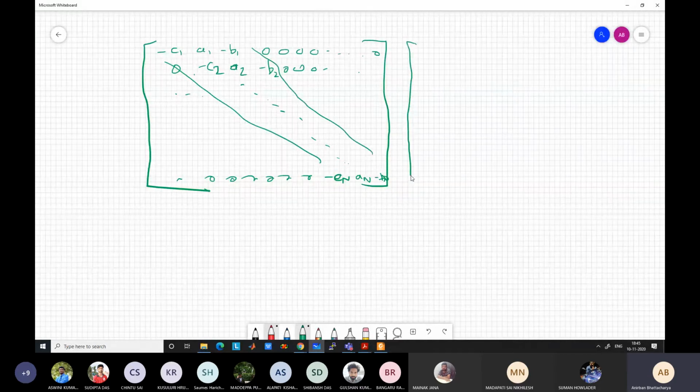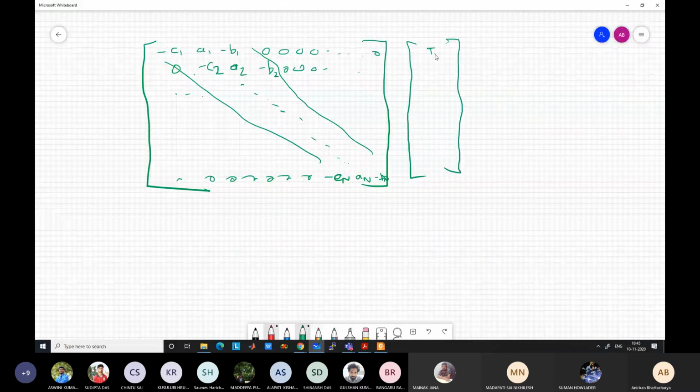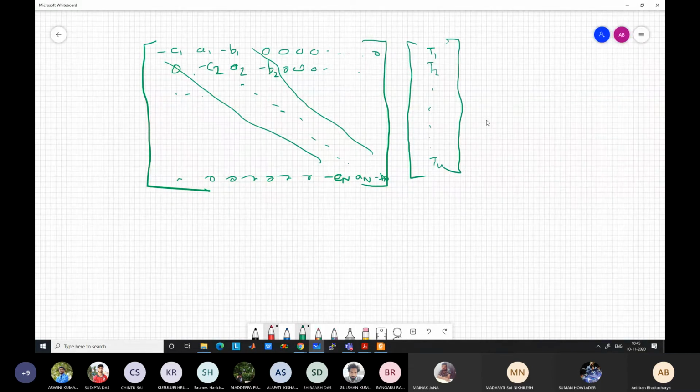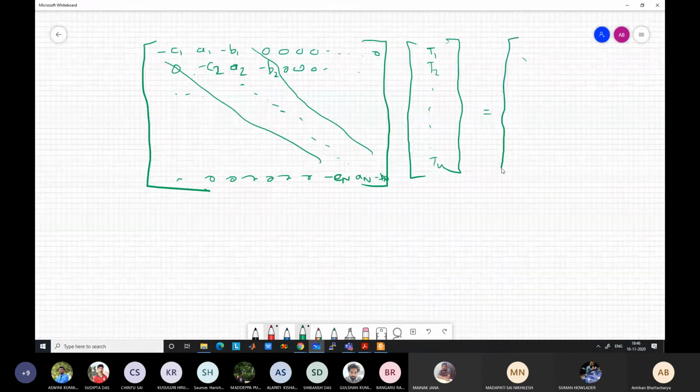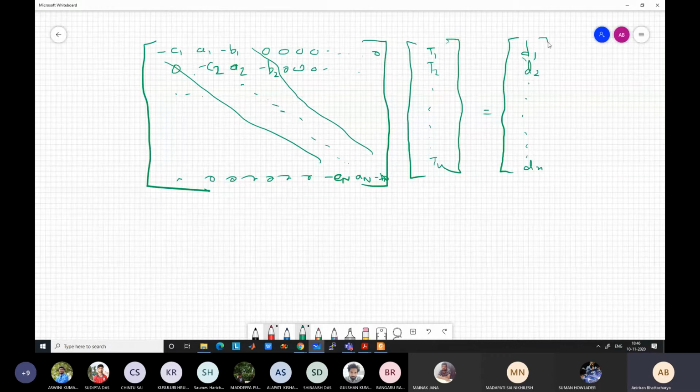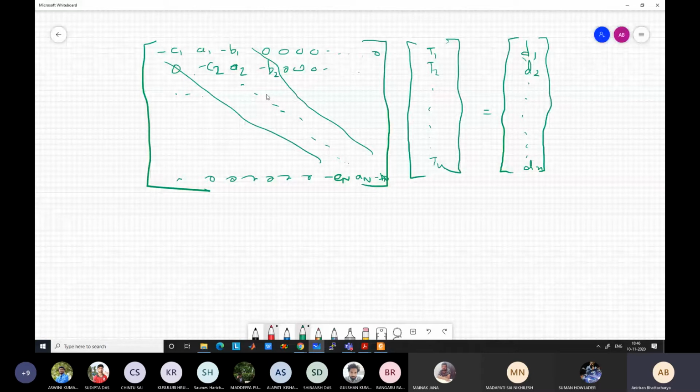Because of the nature of this matrix, we were able to use this forward elimination and backward substitution method.